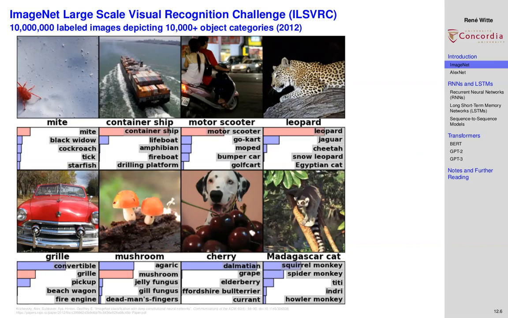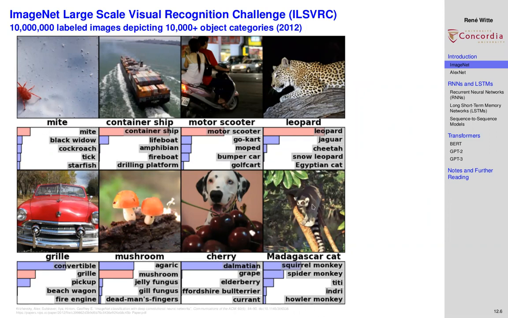Here is an example of a system submission. So you can see the image from the dataset. Then you can see the label. So this is what the system should predict. And then you see the top 5 predictions by the system. So you can see in the first row, the system got all the images correct. A mite, container ship, motor scooter, it was always the top prediction.